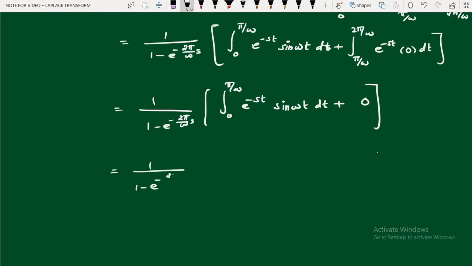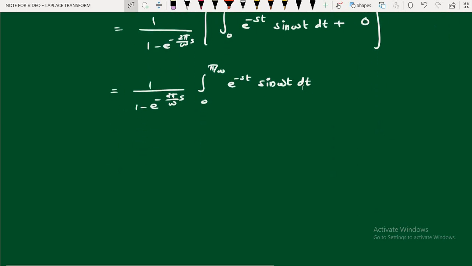So we have 1 by 1 minus e power minus 2 pi by omega s times the integral from 0 to pi by omega of e power minus st sine omega t dt. Now this integration is nothing but a combination of exponential and trigonometric functions, and we already know the formula for that.